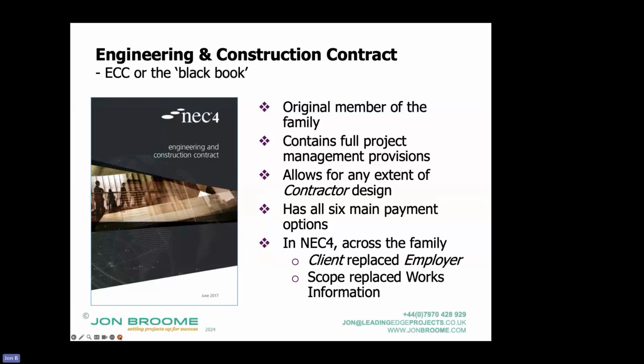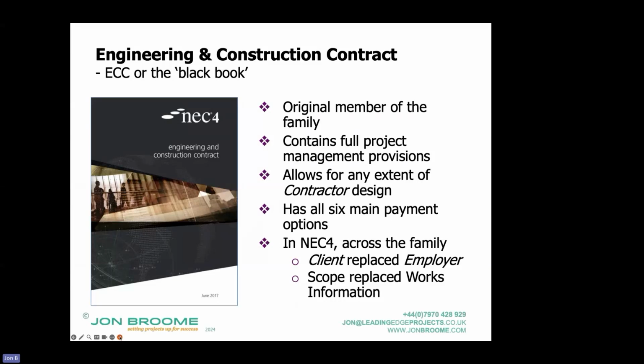They basically went, who is the employer? And it was unique to the construction sector and heavy engineering sector. So it was changed to the client in the Professional Services Short Contract, which was first published in 2013. When NEC4 came out, they applied it across the family pretty much.